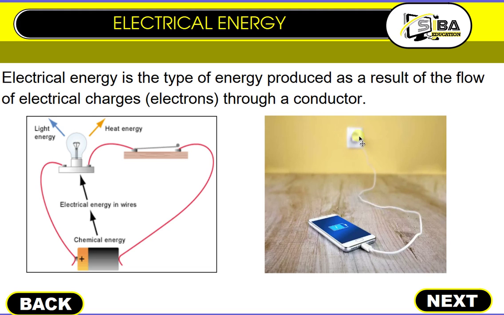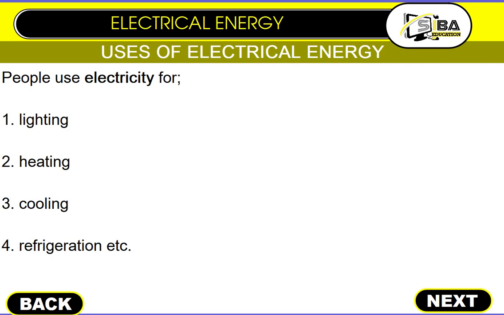So current or electrical charges from here pass through this wire called the conductor and then come to the phone for it to be charged. So that is what we call electrical energy.